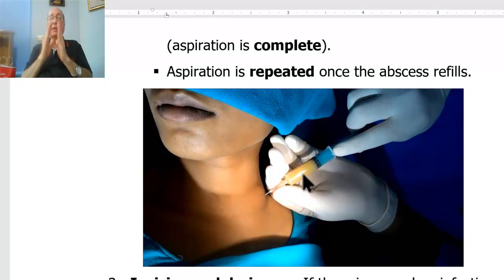The most important investigation for TB lymphadenitis and for any lymph node enlargement is lymph node biopsy.